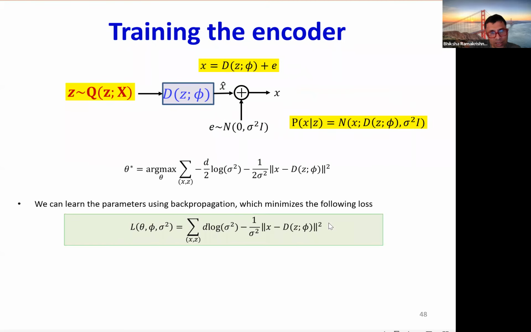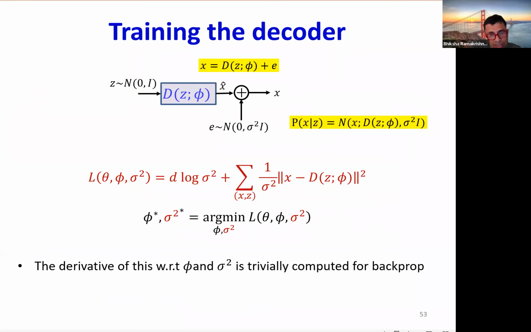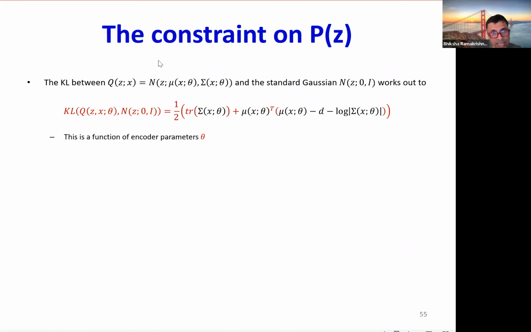If you consider the entire distribution of Z's that the encoder captures, and then you try to maximize the log likelihood of every Z that can be generated from this distribution as computed using the standard Gaussian, that simply ends up being the Kullback-Leibler divergence between the two. Does that make sense? That makes sense.